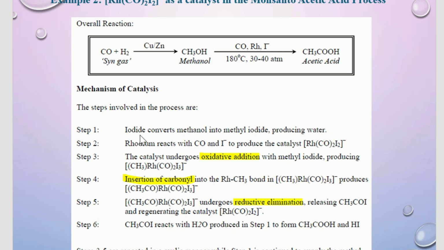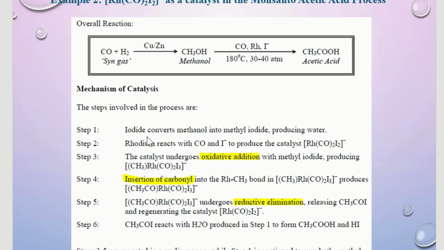From here you can also see it involves oxidative addition, insertion of carbonyl, and reductive elimination. The insertion of carbonyl is a 1,1 insertion. In the previous class we already discussed 1,1 insertion and 1,2 insertion. This one is insertion of carbonyl, which is 1,1 insertion.